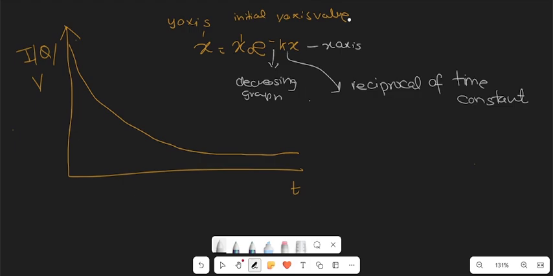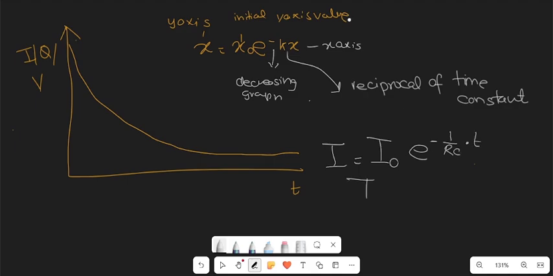Now if I put all things together, we can use I, Q or V. Let's use I equals I naught, the initial value, e raised to the power minus k, where k is the reciprocal of the time constant, which is RC. So 1 over RC times x, and what is on the x-axis is t.